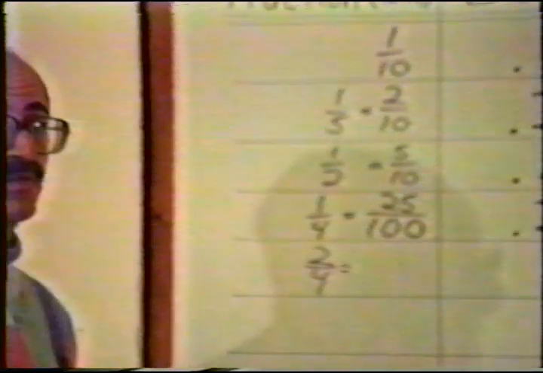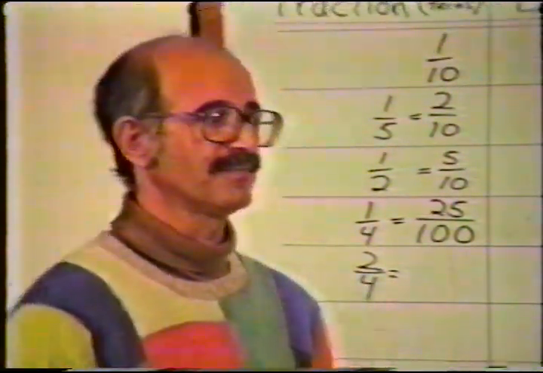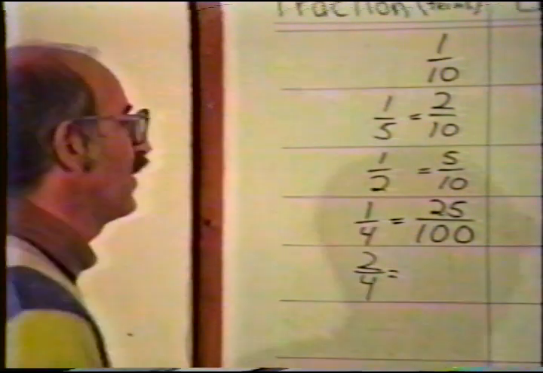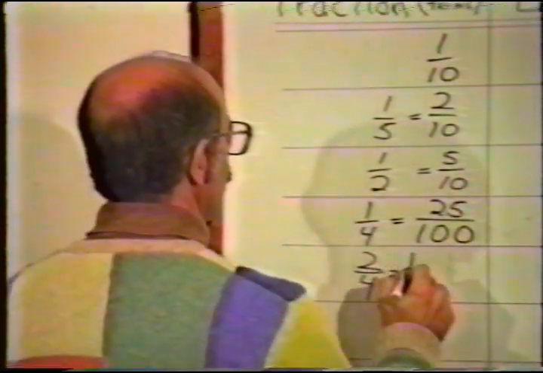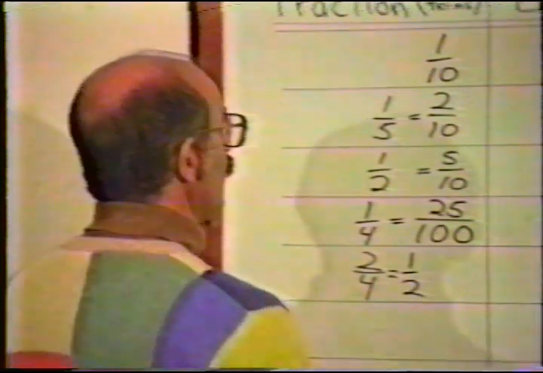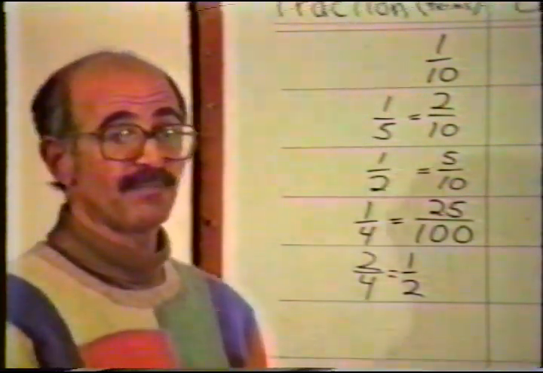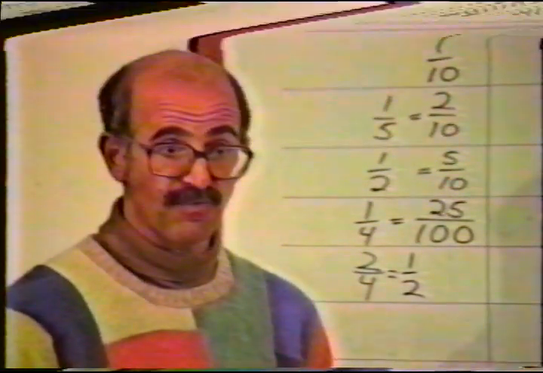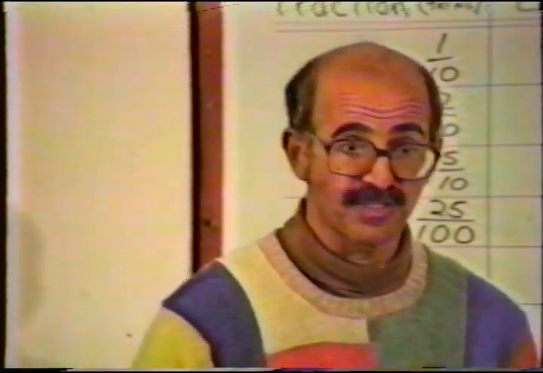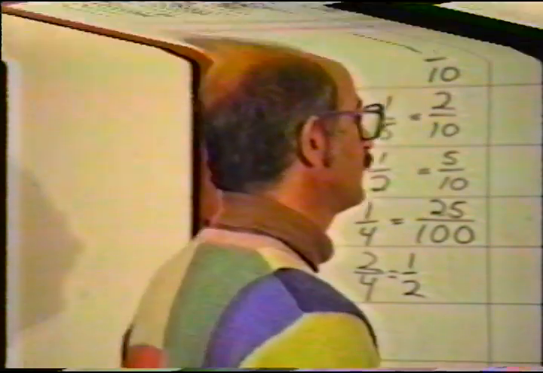Well, 2/4 we can immediately reduce to what? 1/2, hitting the top and bottom with 2. And we should by now automatically know that 1/2 is how much percent? 50%.